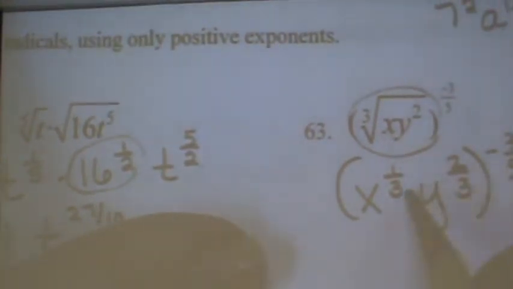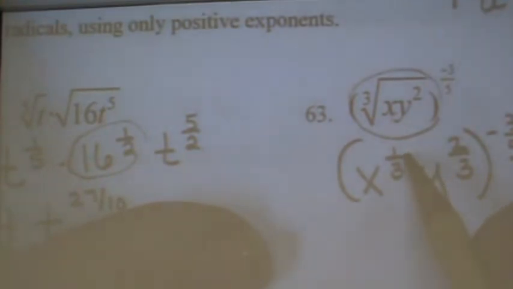So now we have a power to a power rule. We have to multiply these two together, 1/3 times negative 3, the 3's cancel, so you have x to the negative 1/5, and then you have y, and then these 3's cancel, you have negative 2/5.